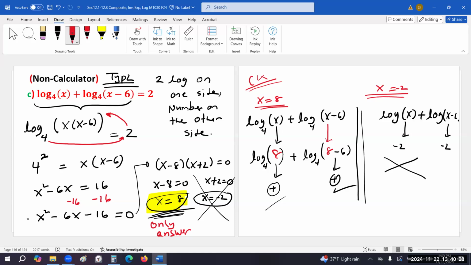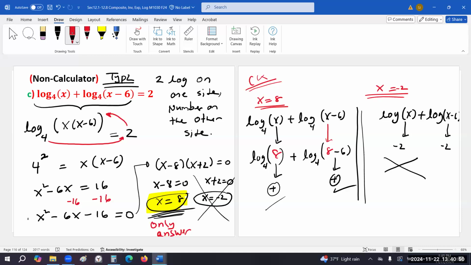You have to substitute and then see. Just because you get some negative, it doesn't mean it's unacceptable. Sometimes negative does work. That's why you have to substitute in the argument to see whether the result for the argument is positive or negative.